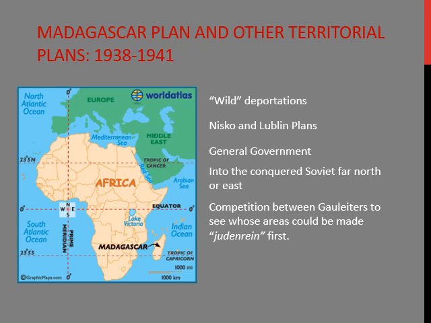But the fact of the matter is, of course, that what appeared to be an easy victory coming over the Soviet Union turned out to be anything but, and that plan came to nothing as well.